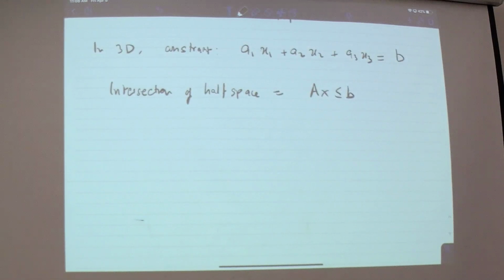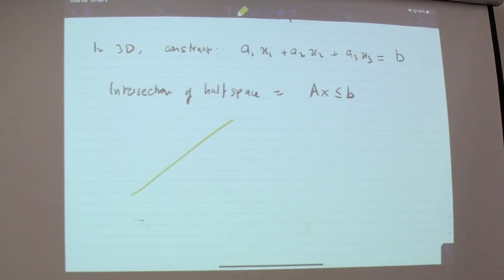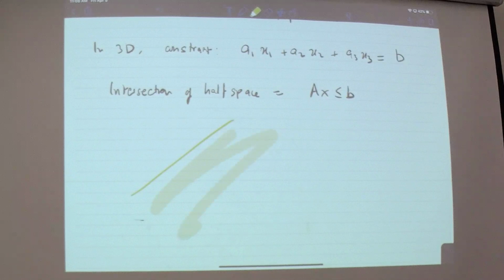So, what does this look like? Well, in 2 dimensions, let's draw one. We'll draw this one. This is one line, I'm not actually going to infinity on both sides, right? And then there's everything on one side of it. This is my region of feasibility.